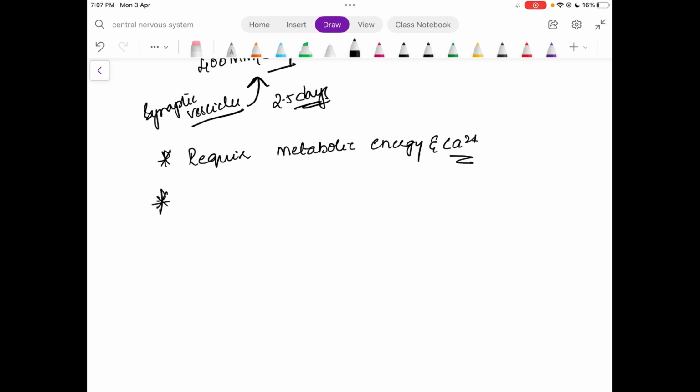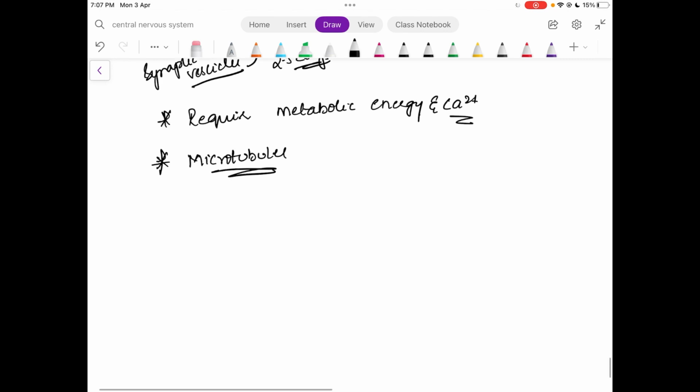And for the movement of organelles, we require microtubules. To these microtubules, these membrane bound organelles are attached and they are transported. So this microtubule will have motor proteins.